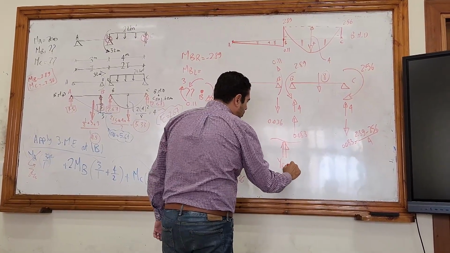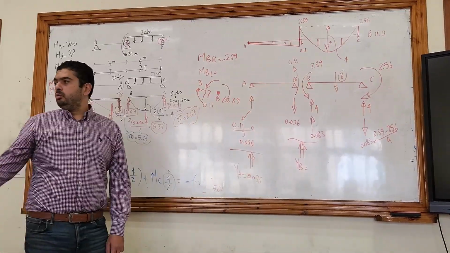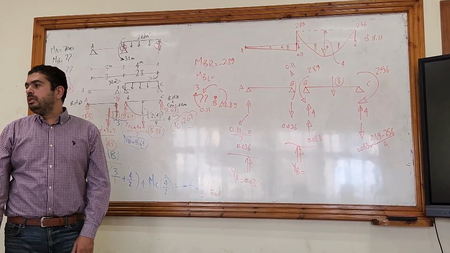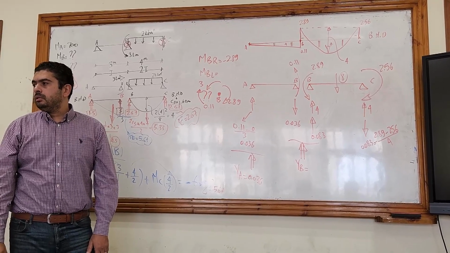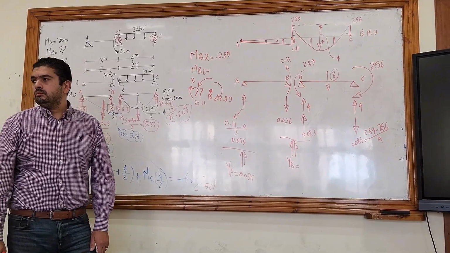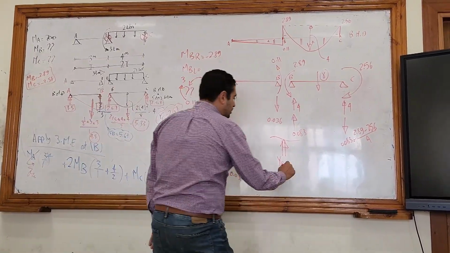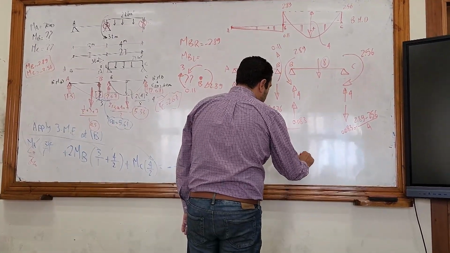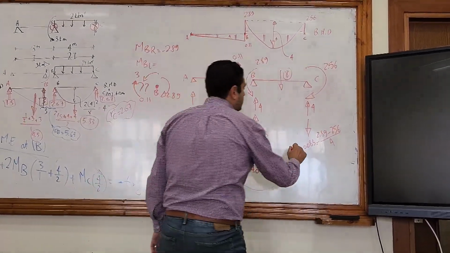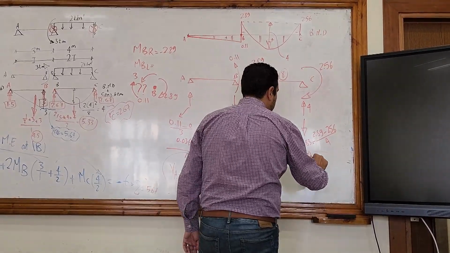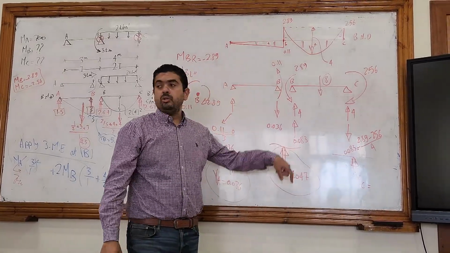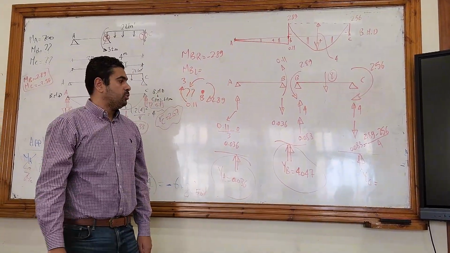So sigma will be upwards. So YB will be equal to 4.083 minus 0.036, which is 4.047. And YC is 4 upwards and 0.083 downwards, so we have to subtract them.